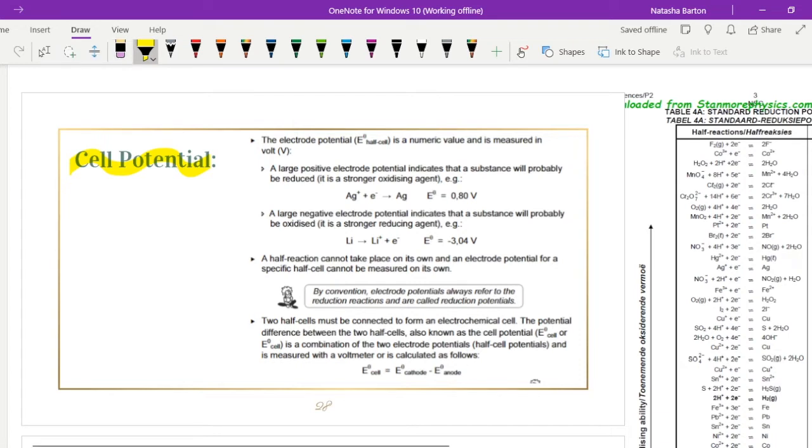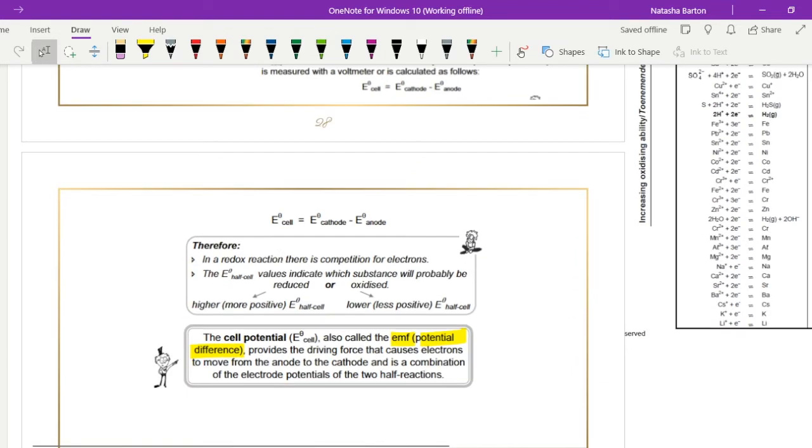In summary, your cell potential is basically the EMF or potential difference of the cell that you create. So here we are dealing with galvanic cells. Galvanic cells have two half cells in separate containers connected with an external circuit or wire and a salt bridge.